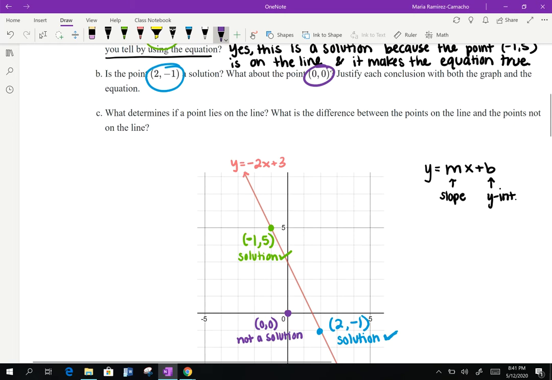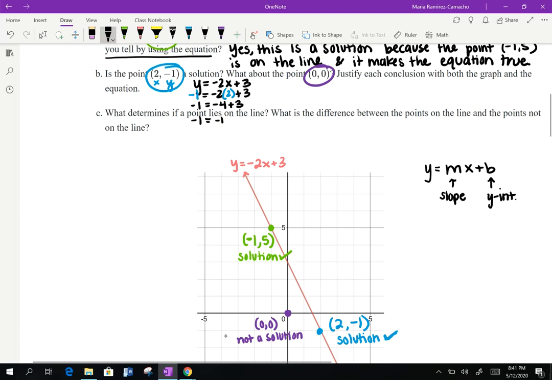Let's verify that 2, negative 1 is a solution and 0, 0 isn't by now plugging these values into the equation y equals negative 2x plus 3. So here I'm going to plug in negative 1 for y, again, because this is an xy coordinate. And I'm going to plug in 2 for x. Let's see, negative 1 equals negative 4 plus 3.